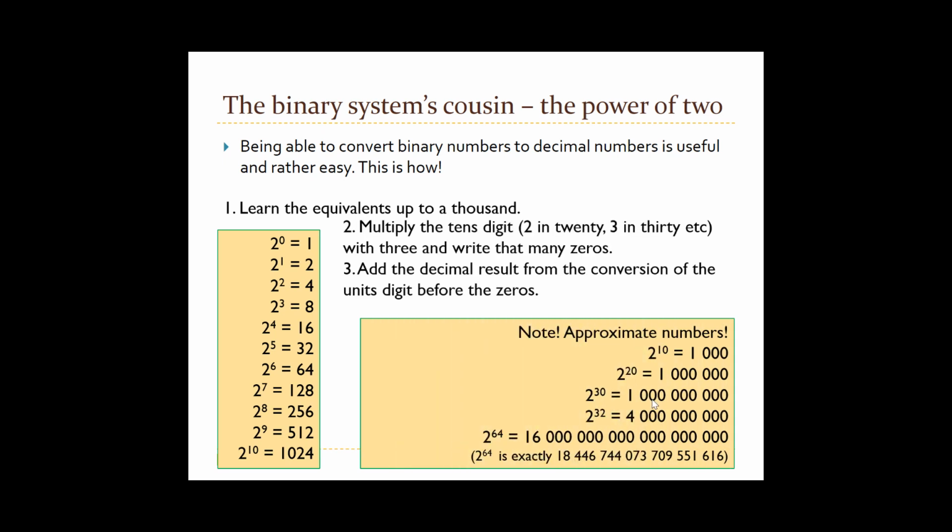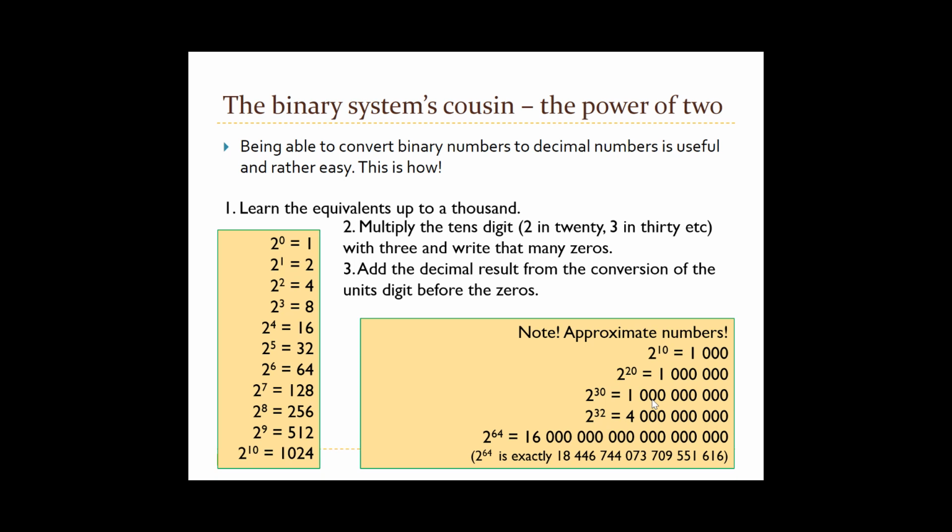Now, here comes a trick. Take the tens digit in 2 to the power of something, let's say 2 to the power of 32, take that 3 and multiply it with 3 and write that many zeros. And before all these zeros, to the left of all these zeros, write the first number, as 2 to the power of 5 is 32.